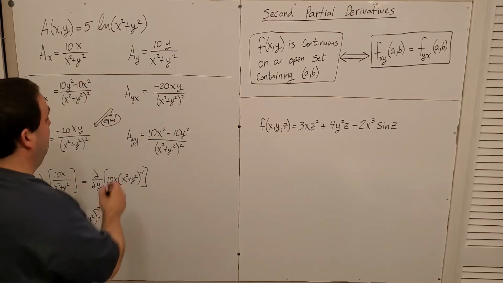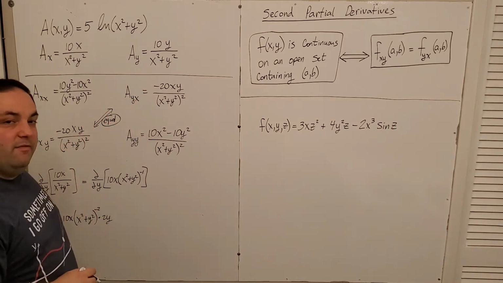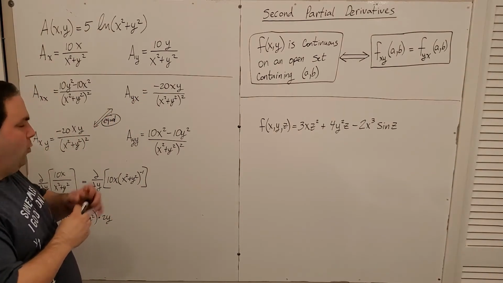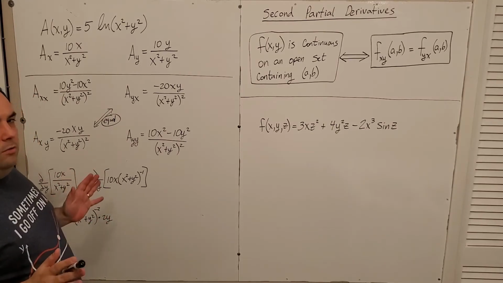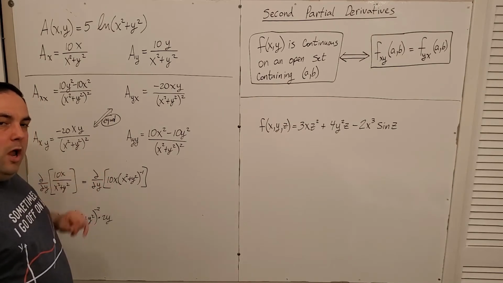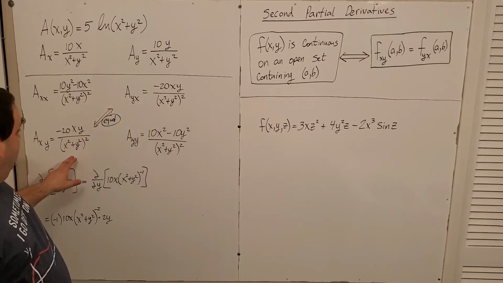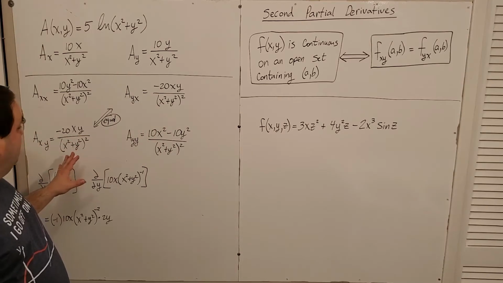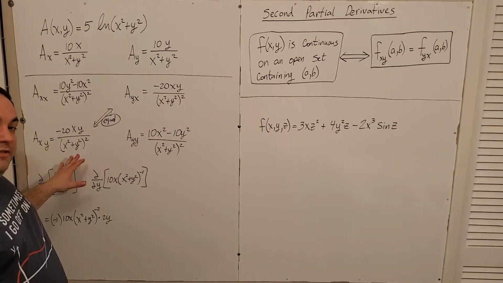Except, where are they not equal? Those two, you can see they're the same function, right? So you're saying, wait a minute, Professor Simon, those are equal everywhere. No. You're skipping something. What about the point where x and y are both 0, the origin (0, 0)? You get a division by 0 in both cases, so the derivatives are undefined there.